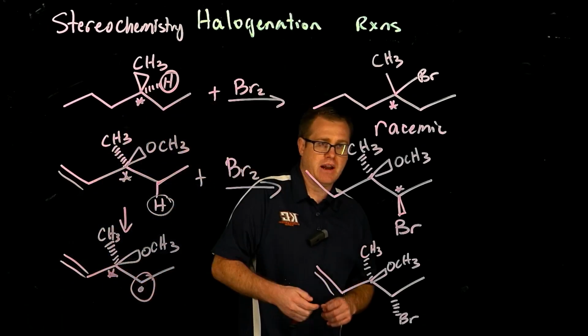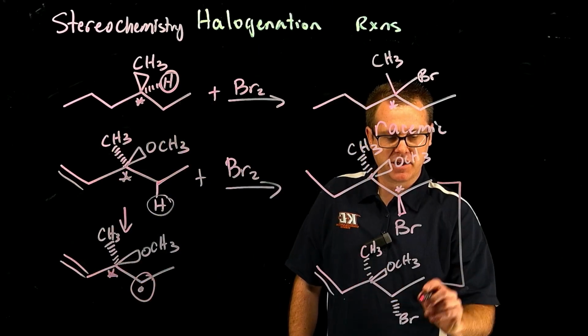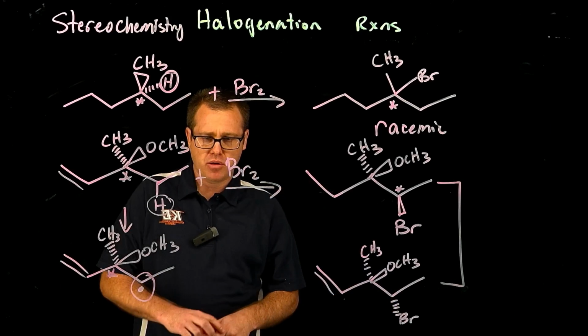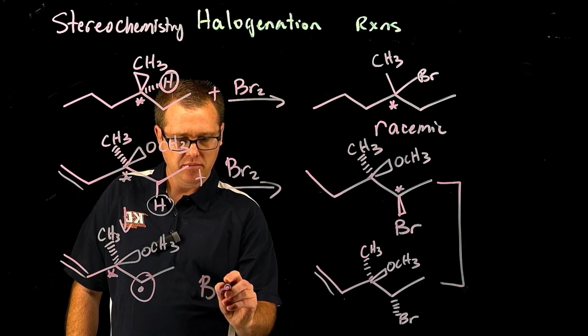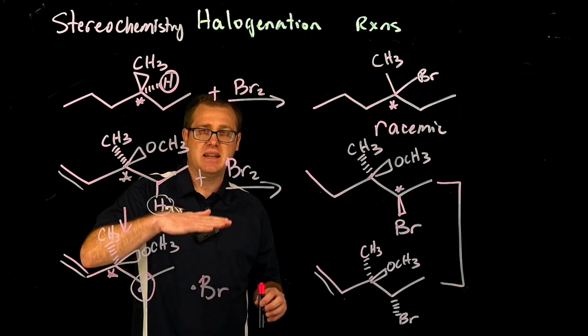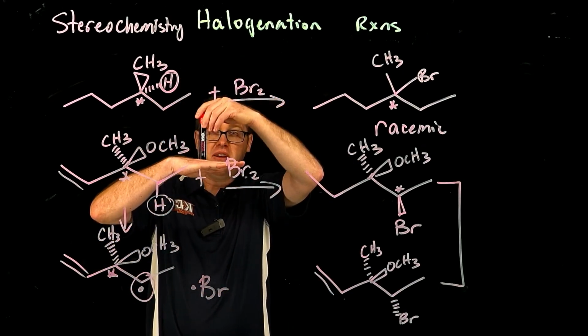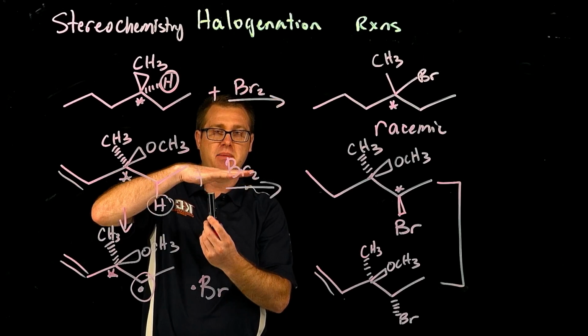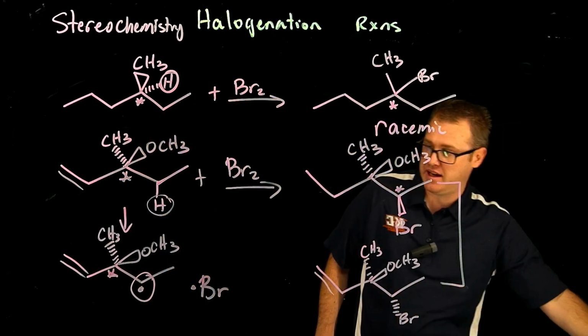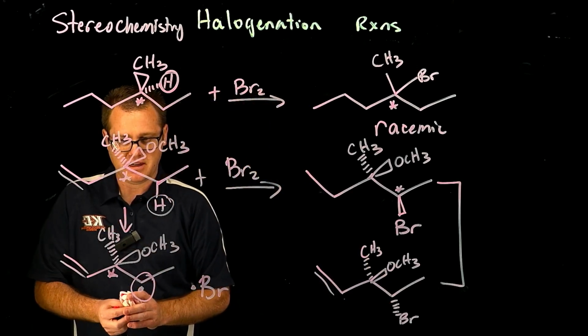So what you're going to have is no longer a racemic mixture, because when you make diastereomers, the approach of the bromine radical is going to select maybe the top face or the bottom face. It's going to have to make a decision. Let's make this a little more drastic so you can see the difference.